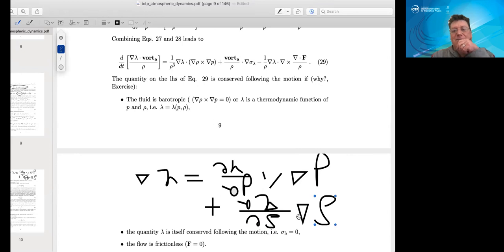And these two terms make this cross product vanish. Both terms multiplied with this cross product vanish.